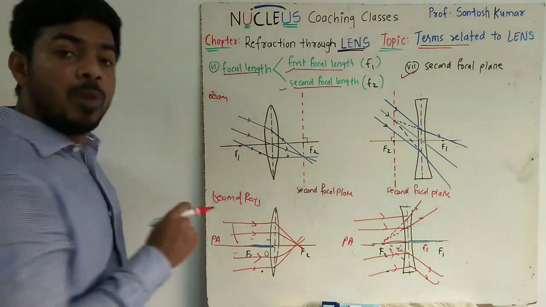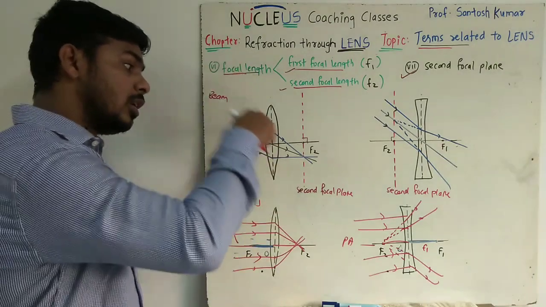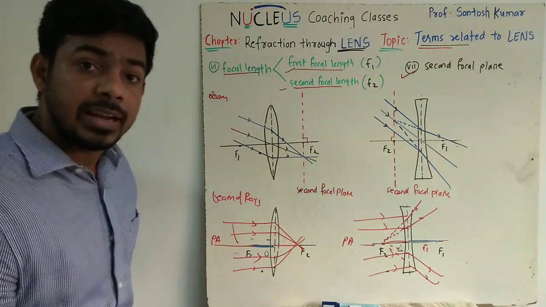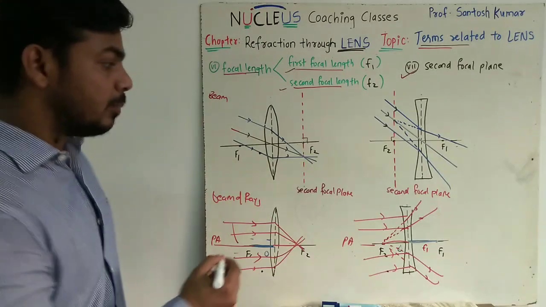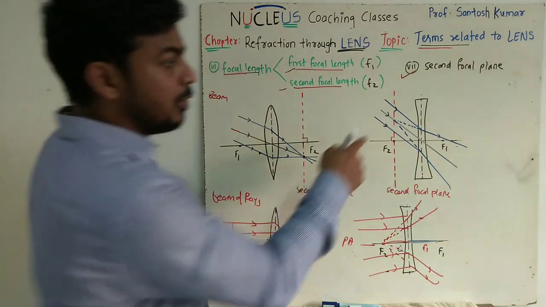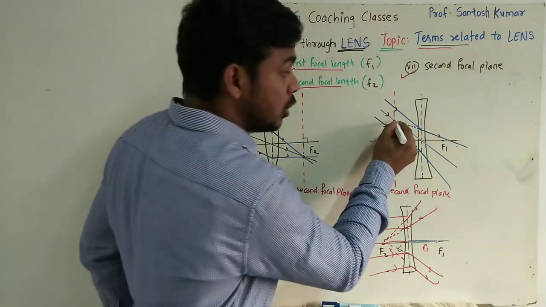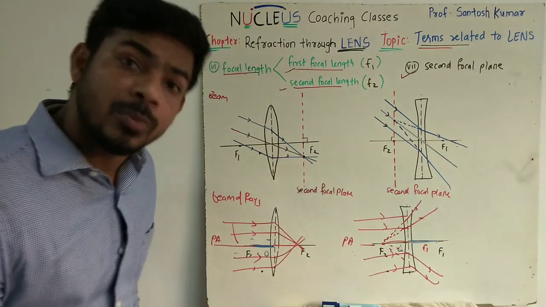So if a beam of rays passes through a convex lens, then after refraction they also meet at a point. You can see they are meeting at a point. If a beam of rays passes through a concave lens, then after refraction they also appear to be diverging from a point.